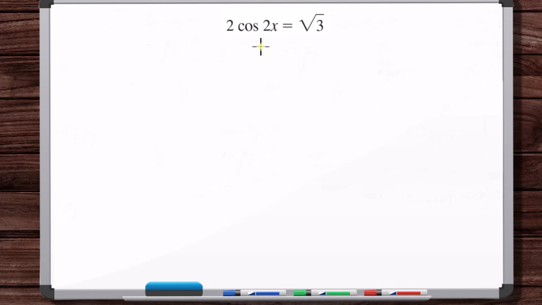Once you choose an x, this is just a number. As long as you're consistent across the entire equation, you can't have some trig functions be in degrees and some be in radians. But as long as you're consistent, you can think about it. Let's say that x is 30 degrees, and that solves the equation. If you convert that angle to radians and you take the cosine of 2 times that angle, it's going to be the same value, right?